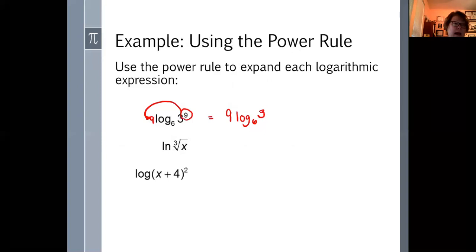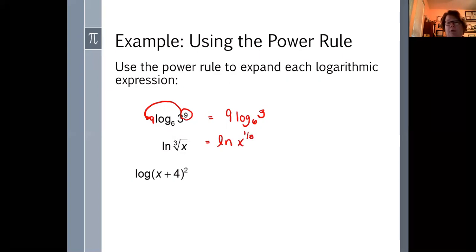Let's look at the next expression. We have the natural log of the cube root of x. Now you can write roots as rational exponents. So you can actually write this as the natural log of x to the 1/3.